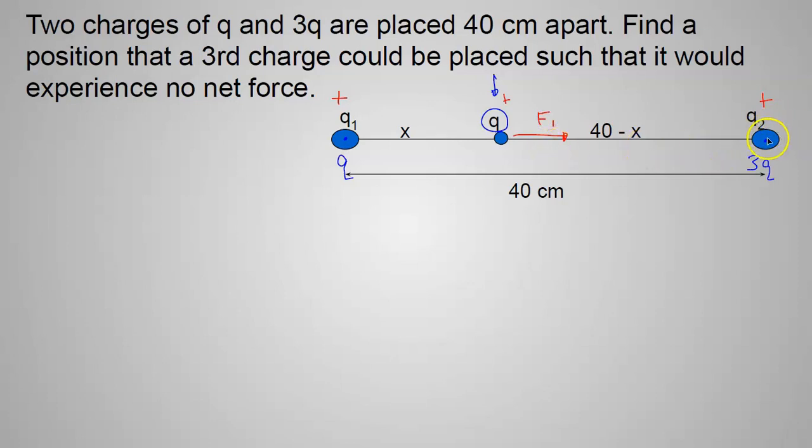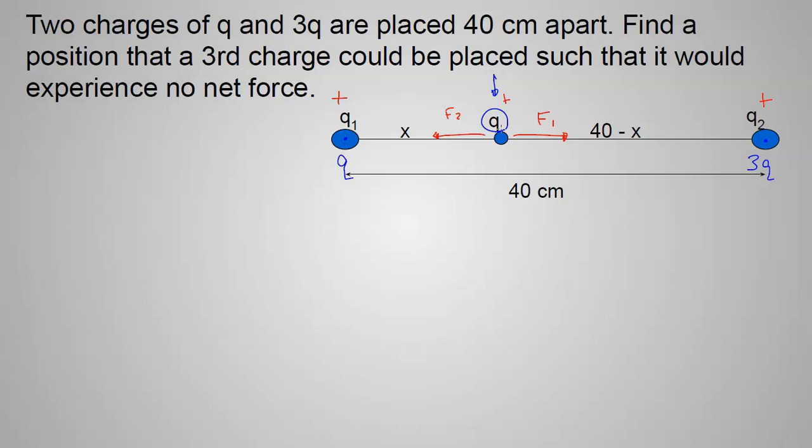Meanwhile, Q2 over here is positive. This guy is positive. That's a repulsion. So Q2 is going to push on Q to the left, and I'm going to call that F2, the force that charge 2 puts on Q. And you see how those two forces are going to cancel right there?